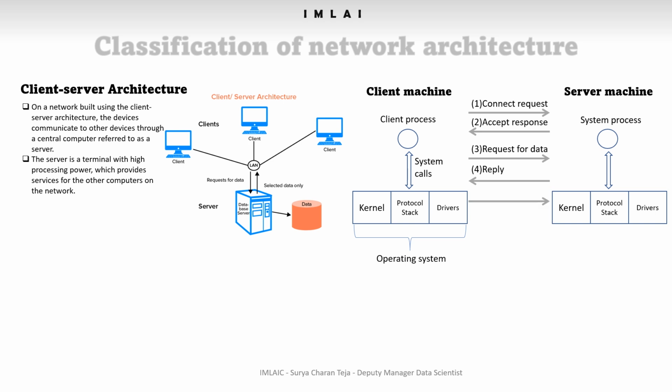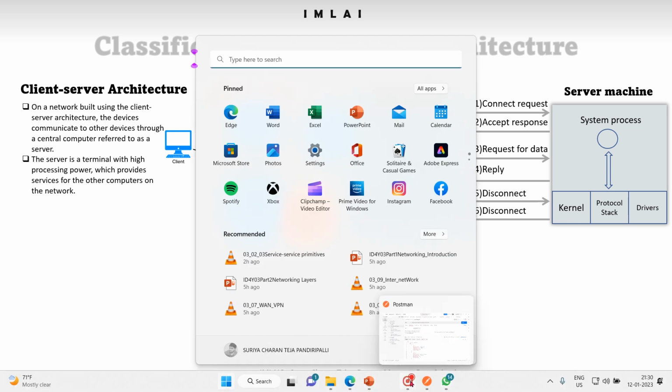Now for the final one. Let's look into a small example related to this client server architecture. It's not the exact representation of a connection oriented service, but by and large we can get some information from it.